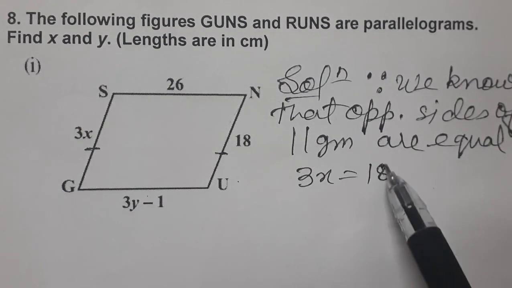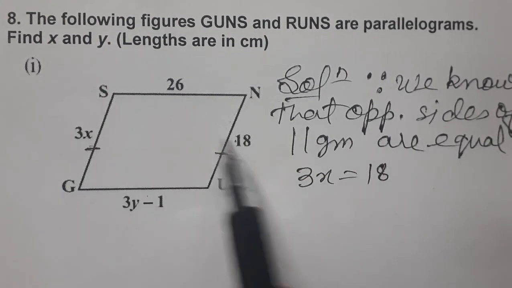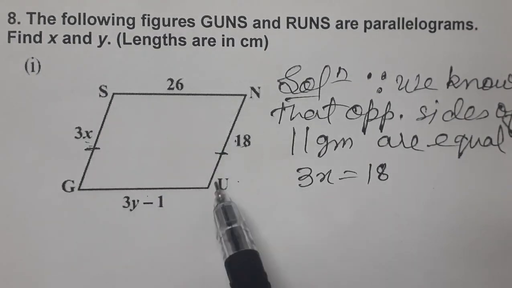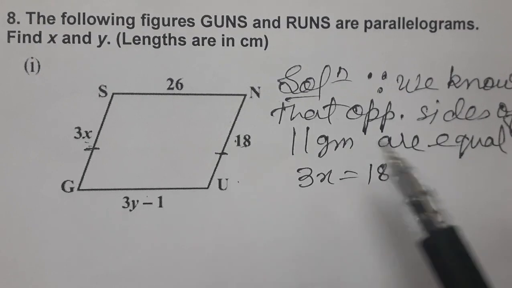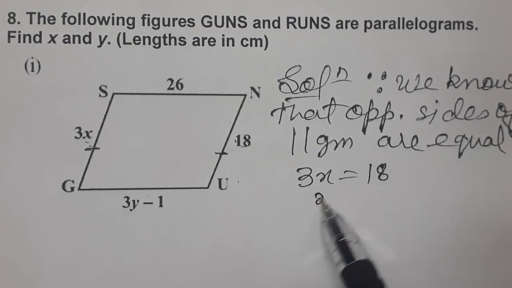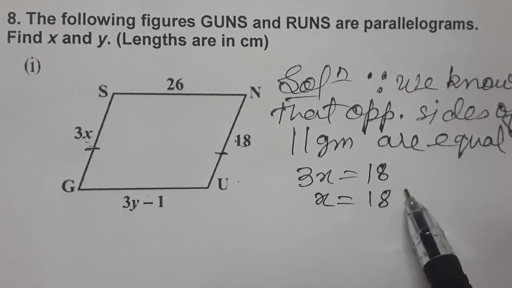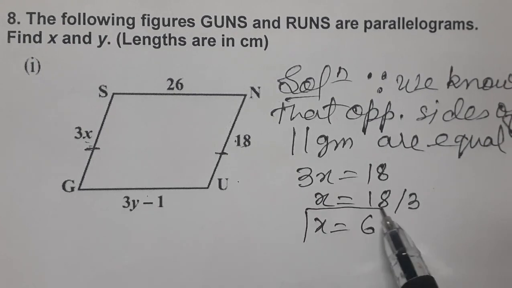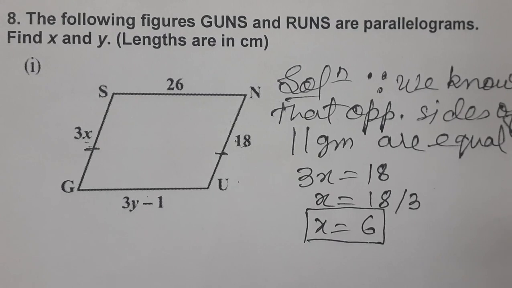Opposite sides are equal. 3x equals 18. These are centimeters, 18 is in centimeters. All lengths are in centimeters only. With the help of this we can find x. x equals 18 by 3. 18 by 3 is 6. So we got x as 6.